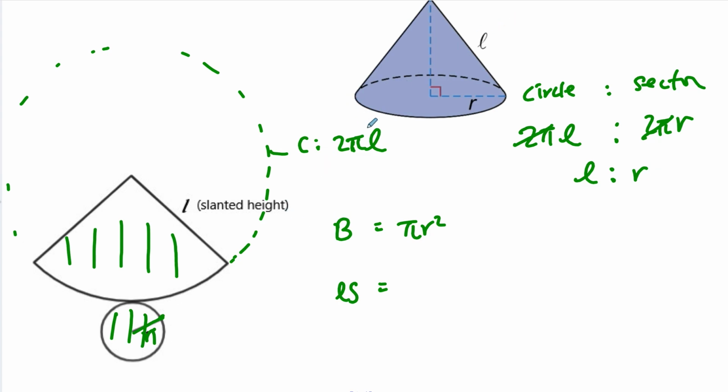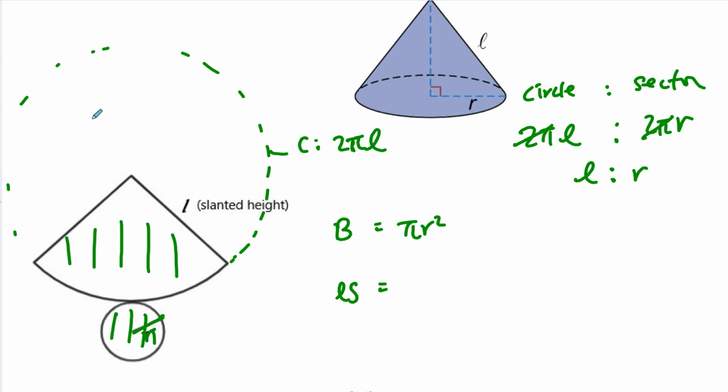Then think about the area of this sector. Compare that to a bigger circle. If you are finding the big circle's area with L as the radius, pi L squared is the area of the big circle. But we are taking only part of it, right?